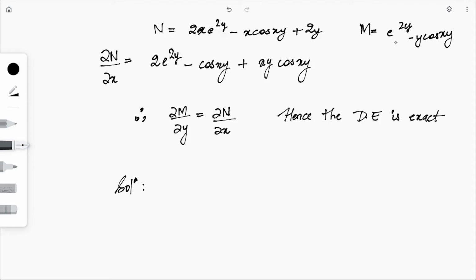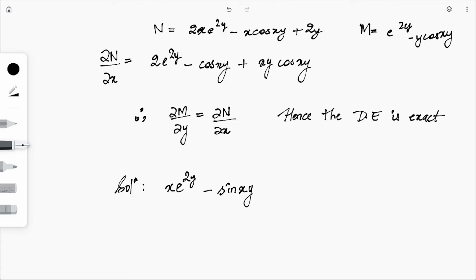For the first term, the whole term is a constant, so the integral will be x into e raised to 2y. And the next, y is a constant, cos xy, what is the integration? The integration will be sin xy divided by y. So y and y will get cancelled, and we'll get minus sin xy.